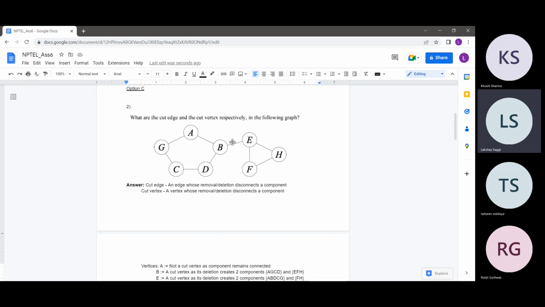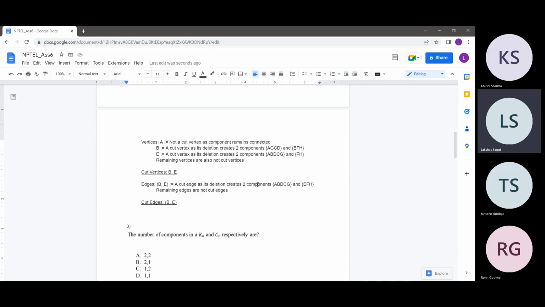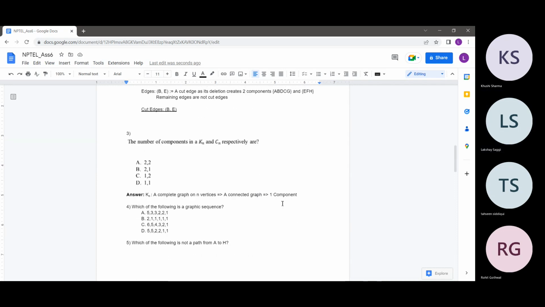After removing the B comma E edge, we could not connect B with E, F or H. That's the basic intuitive definition of a component. So Kn is a complete graph, so it is connected, so it has one component.